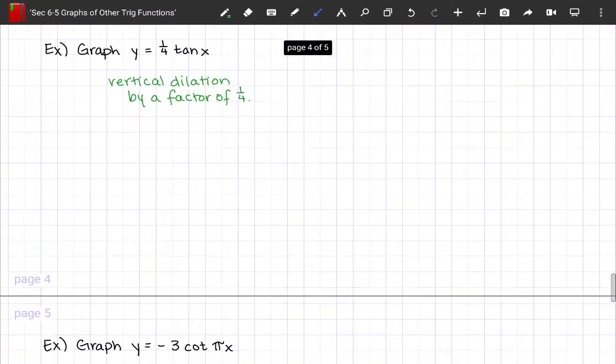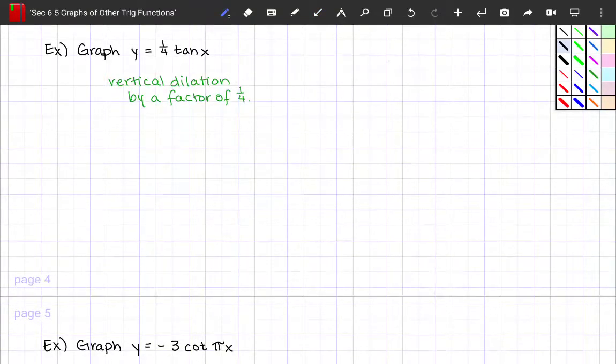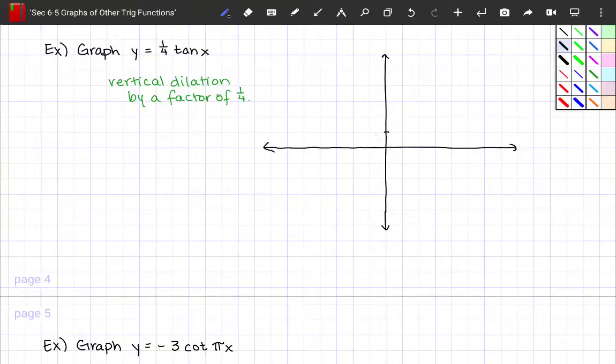Now you can do this in a couple of ways. You could change your scale on your y-axis and put a 1/4 instead of 1. I'll show you what I mean. So I could label this with a 1/4 instead of a 1 if I wanted to.